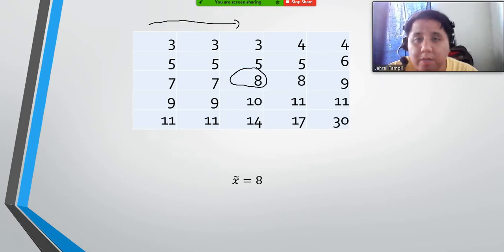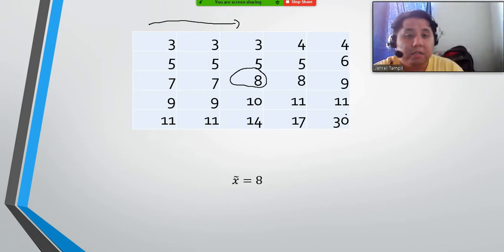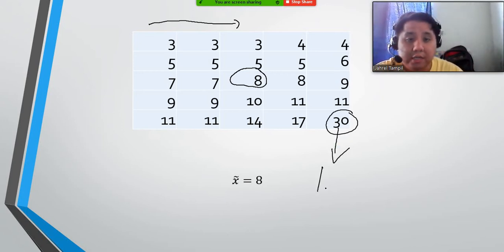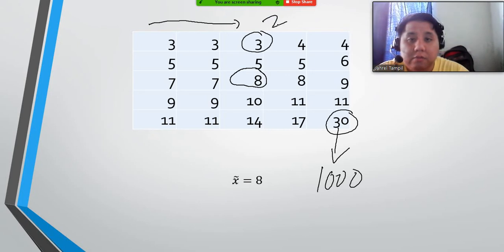Now, one important characteristic of the median is that it's not easily affected by extreme scores. What do we mean? For example, we will change this 30 into a bigger number, let's say 1000. And let's change this number into, let's say, 2.